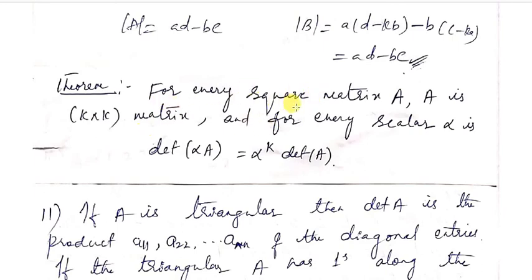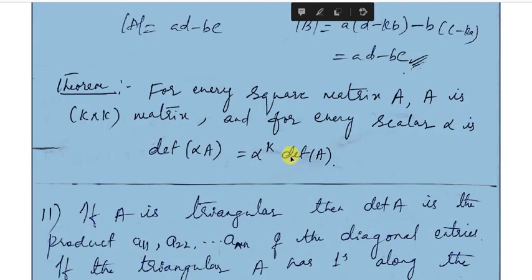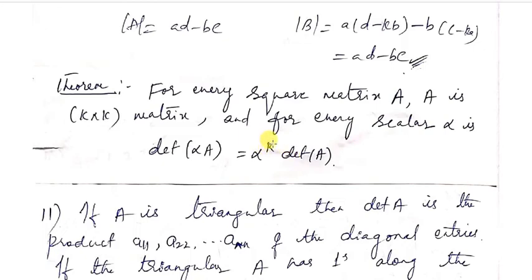For every square matrix A, where A is a k cross k matrix, and for any scalar alpha, determinant of alpha times A is equal to alpha to the power k times determinant of A. So the scalar takes the power of the size of the matrix times determinant of A. So this is very easy to evaluate.